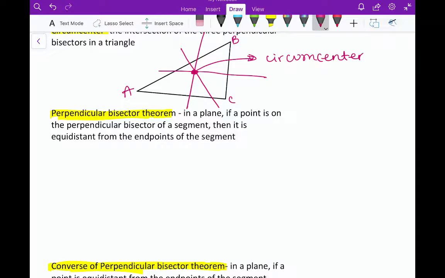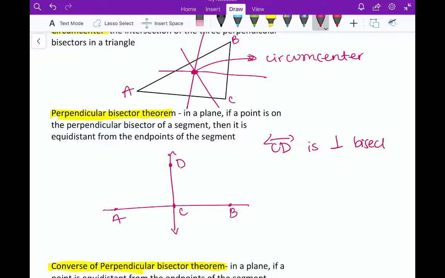The perpendicular bisector theorem. Okay, so this is a theorem that can be proven that says, in a plane, if a point is on the perpendicular bisector of a segment, then it is equidistant from the endpoints of the segment. So we're going to look at our example from earlier. We had segment AB, and we had the perpendicular bisector that goes through the midpoint C. And so I'm going to put a point D. So line CD is the perpendicular bisector of segment AB.